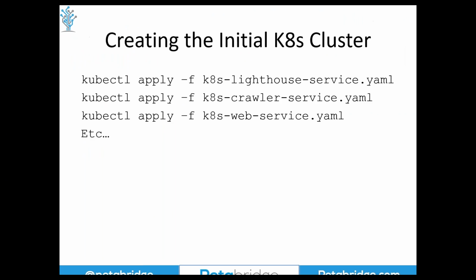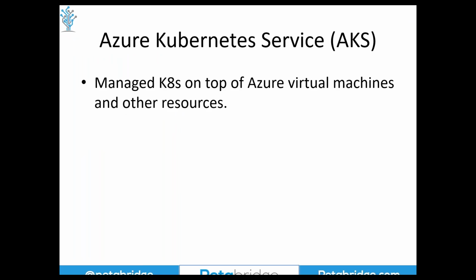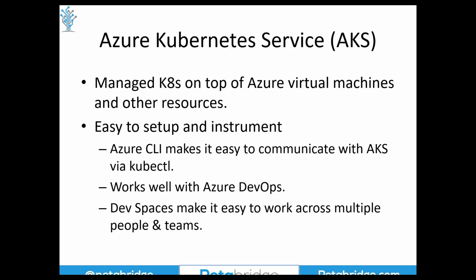So a couple of final notes here since we're running a little long. The Azure Kubernetes Service, which I mentioned earlier, is managed Kubernetes on top of Azure virtual machine instances and other resources. It's easy to set up and instrument. Really, it's the fact that the Azure CLI makes it easy to do things like automatically authenticate with Kubernetes. It works really well with Azure DevOps.